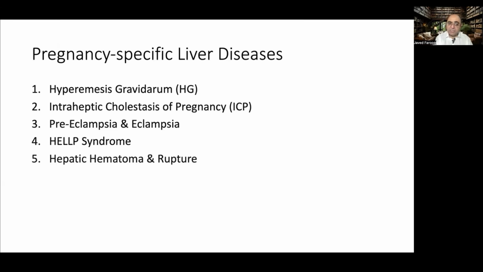The fifth is Hepatic Hematoma and Rupture. And the last one is acute fatty liver of pregnancy. So it is important to remember these 6 conditions.